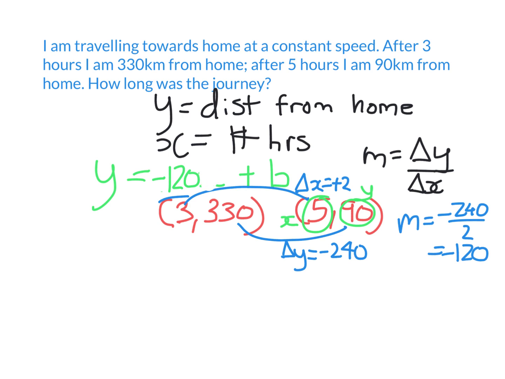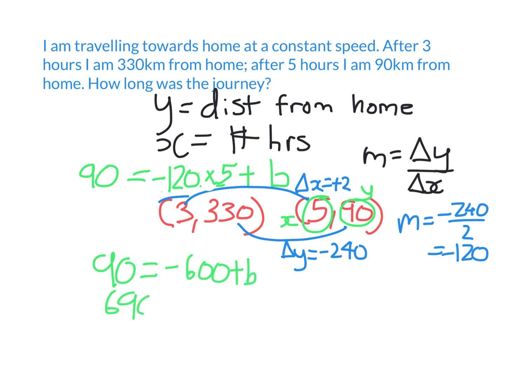So I'm going to rub out x, and in its place I'm going to put 5. Then I'm going to rub out y, and I'm going to replace it with 90. So we have the equation 90 equals minus 120 times 5, which is minus 600, plus b. Adding 600 to both sides gives 690 equals b.